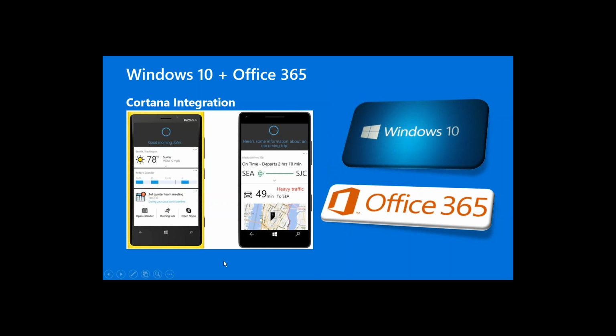And then on the right here, we have Cortana grabbing travel information. So it'll actually grab that out of your email if you use Expedia or Alaska Airlines or whatever. The flight information comes into your email. Cortana will pick that up.